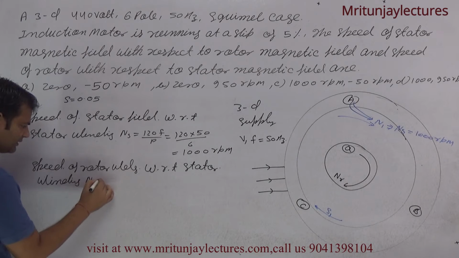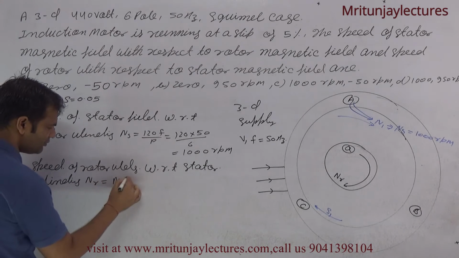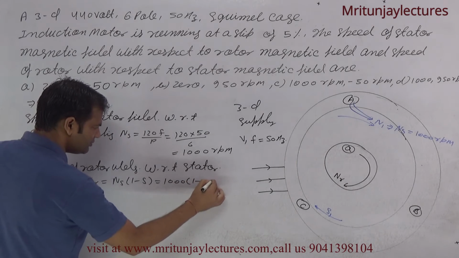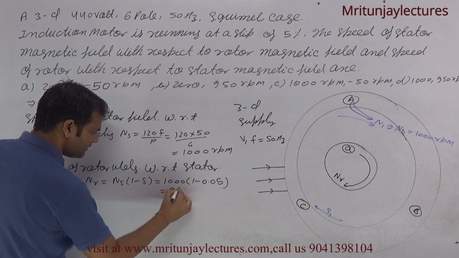That is NR equal to NS into (1 minus S), so that is 1000 into (1 minus 0.05), that is 950 rpm. Clear?